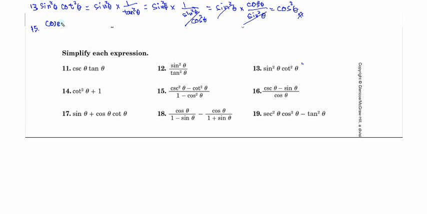Cosecant square theta minus cotangent square theta over 1 minus cosine square theta. Okay.